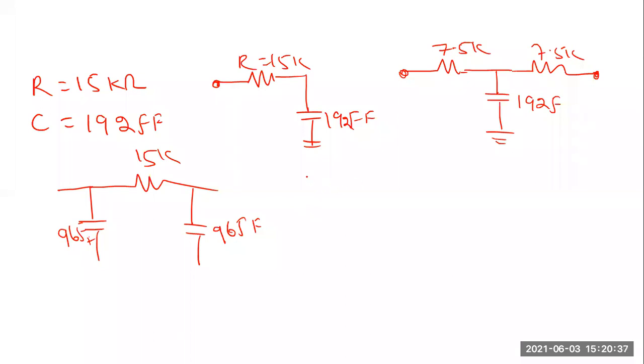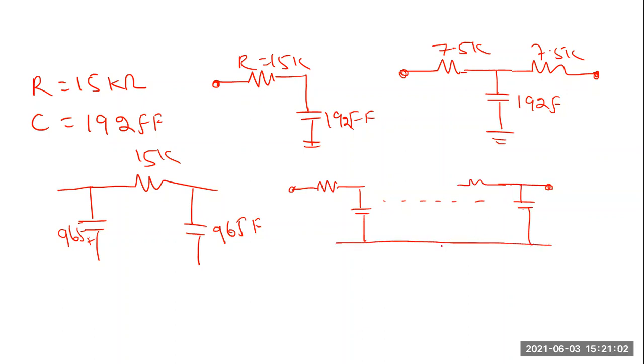Now consider a distributed network with 10 segments. So 1.5K, 1.5K, and so on, all are connected to ground.